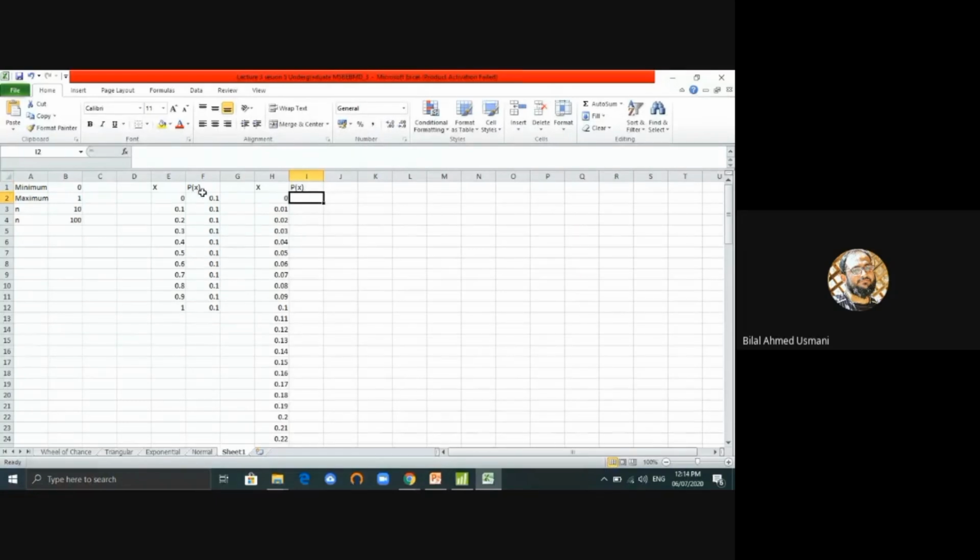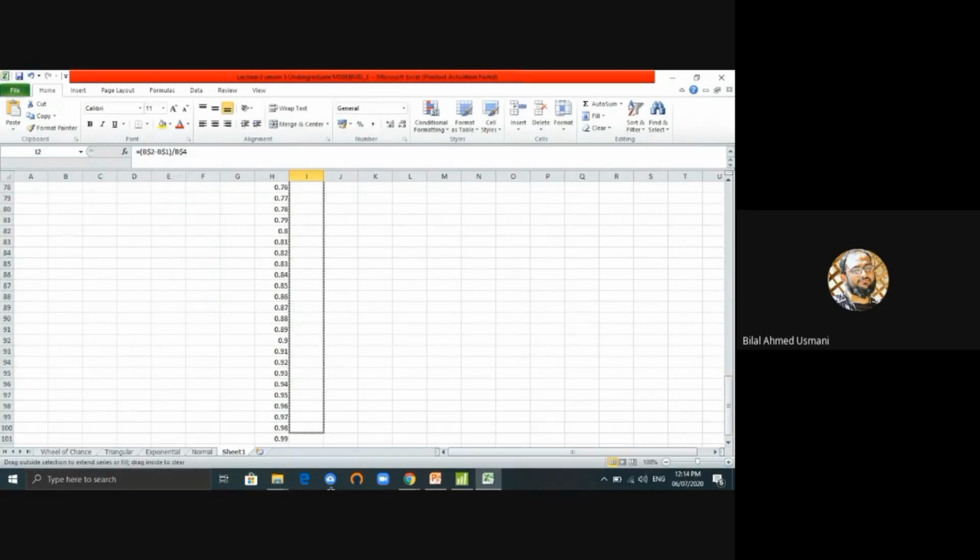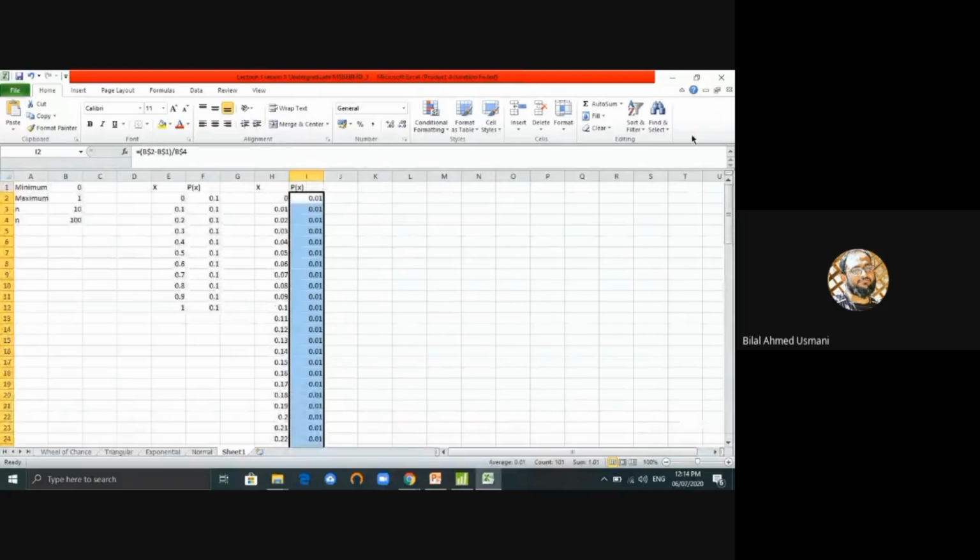That would be b minus a upon n. Except for n, which is from b3, I would write b4. So the probability of occurrence of each event would be 0.01. So this is how we can define a uniform distribution.